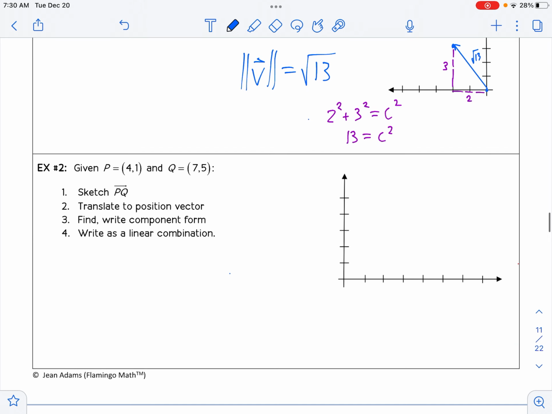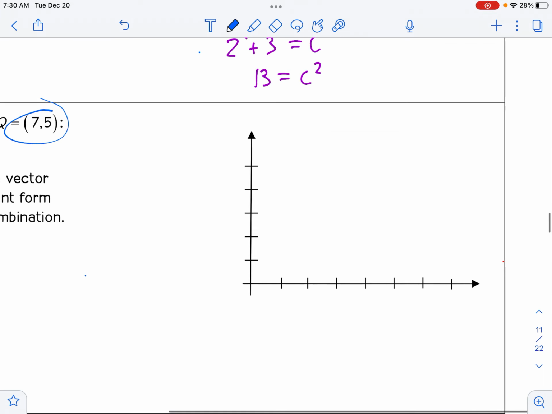All right, what about an example where it's not in standard position? So this vector here has an initial point at 4, 1, and a terminal point at 7, 5. So if I draw my initial point 4, comma 1, and I go to 7, 5 from my terminal point, all the same processes occur.